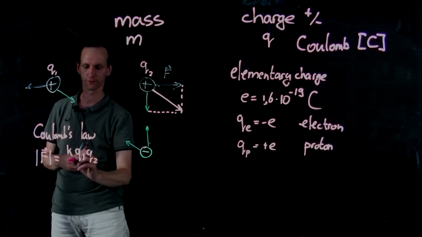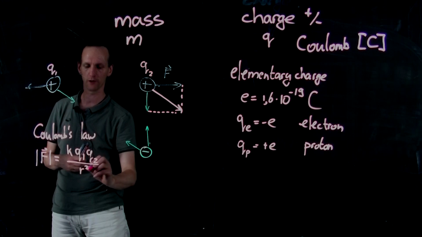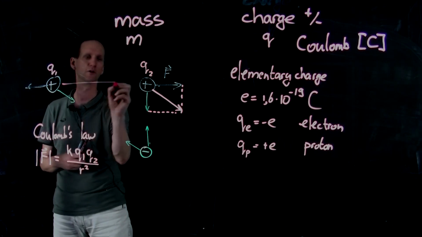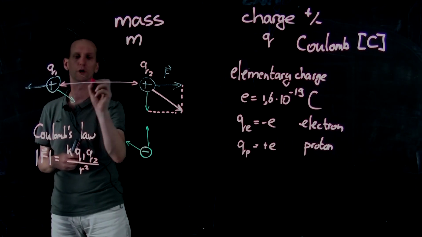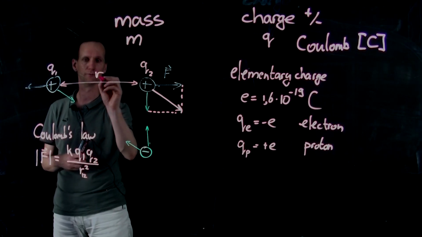So it's the product of the two divided by the square of the distance r between the two particles. So this is r1,2.